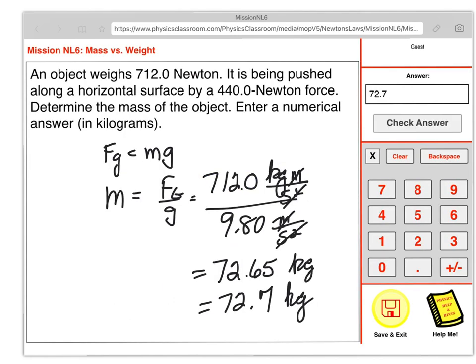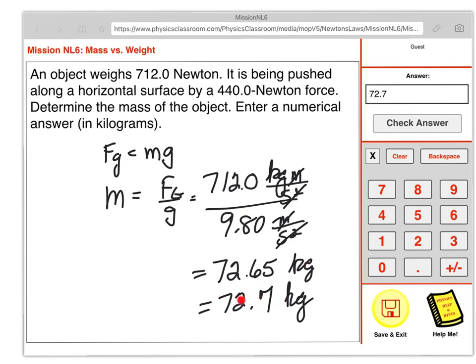Okay, we saw one of these before. So this has no effect on the mass of the object, so we just use Fg equals mg. We solve for m. We put in the Fg. Notice I spread the units out so I can show the units cancellation. I end up with this number and more digits for the kilograms.